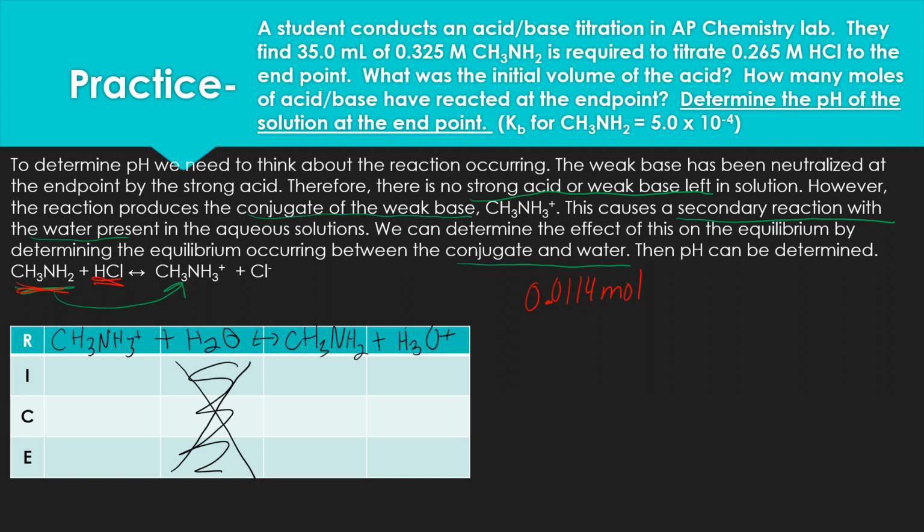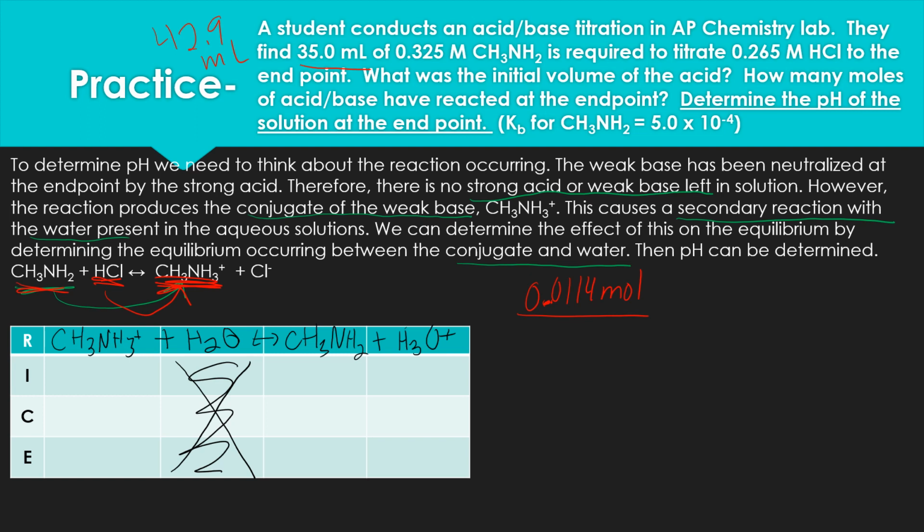Well, it's all a 1-to-1 ratio. So if those reacted that much, they're going to produce the same amount of product. So that's how many moles of our product we've made. Now, it's in a new solution. We've added 35 milliliters to, we calculated on the last slide, 42.9 milliliters.